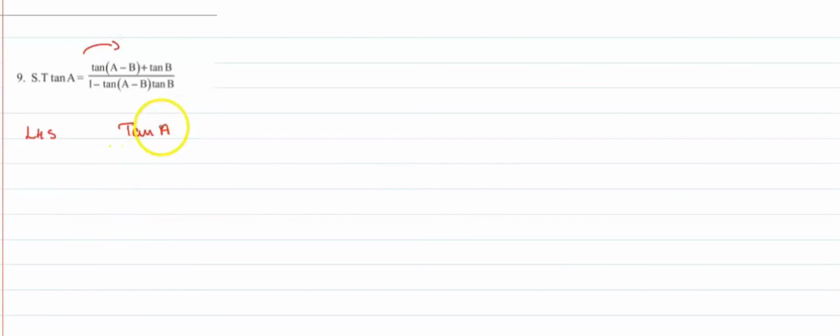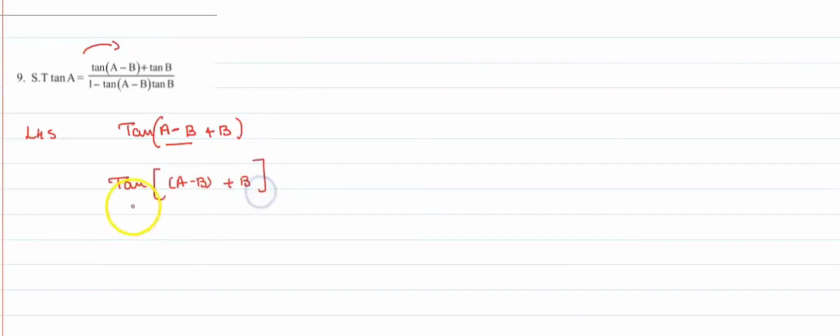For that reason, I'll subtract B and add B for this tan A. Now I'm pairing this A minus B, and B itself is paired separately. So I can write this as tan of (A minus B plus B).